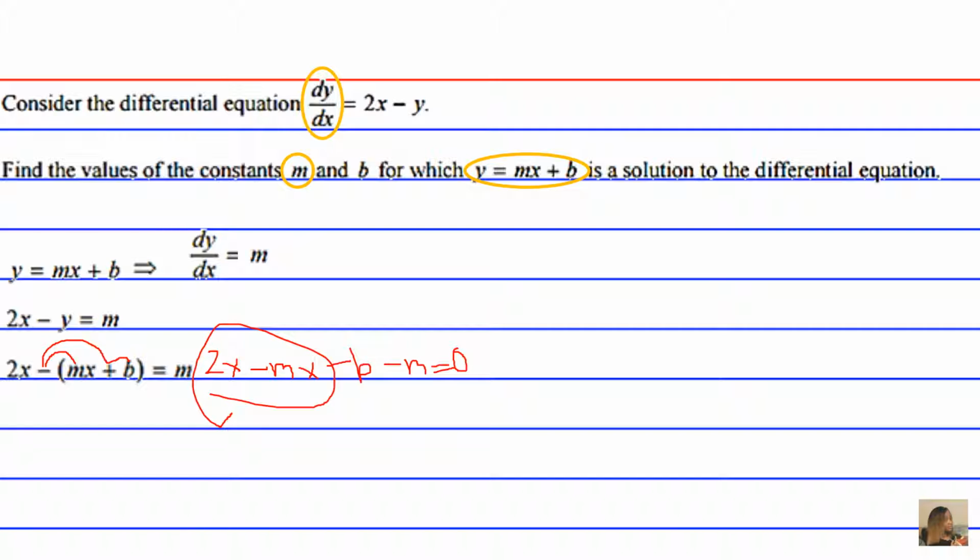Now we can do something more with this. We can factor out an x, and that's going to leave us with 2 minus m, and if we combine the negative b and negative m, we can have a negative m plus b.